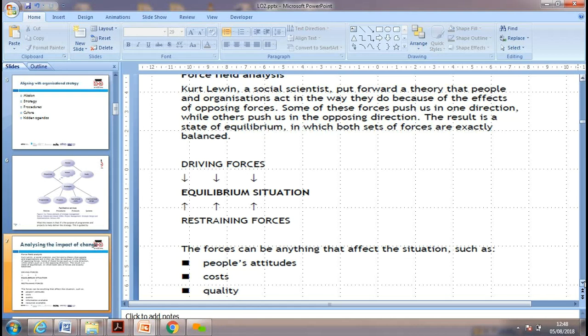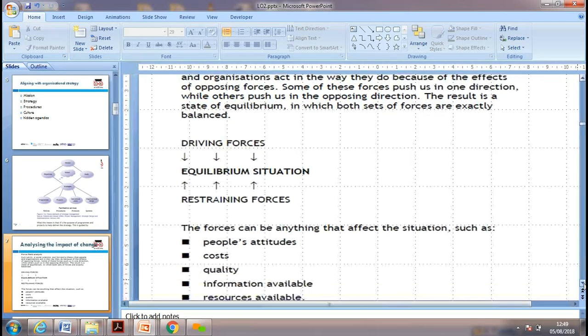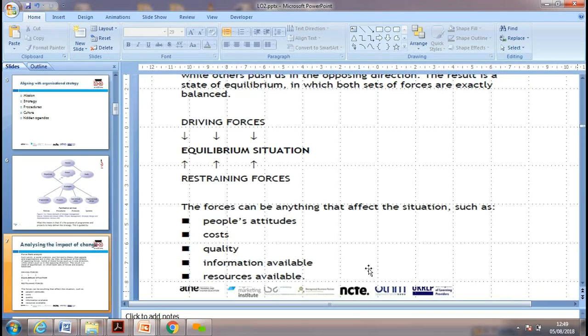according to Lewin. This is the model which he gave, driving forces. So we need to look at the driving forces that really force us to change. We need to look at the equilibrium situation, the restraining forces of those people against us. We need to find the balance somewhere between, where we can meet the interests of the different stakeholders as well as the project.